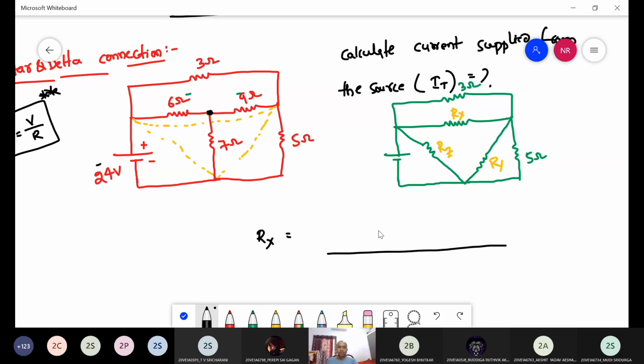Okay, then here it is 6 into Rx is equal to 6 into 9, multiplied with each other. 6 into 9 plus 9 into 7. One second, checking confusion.